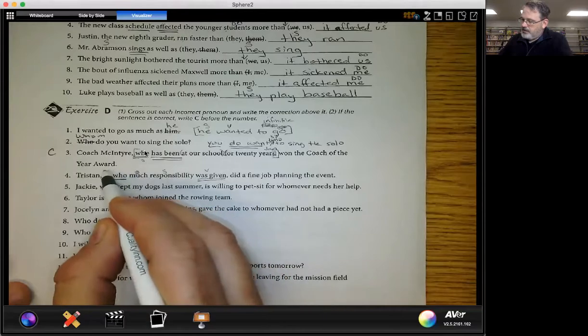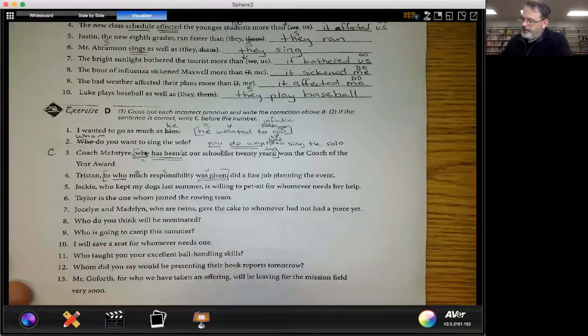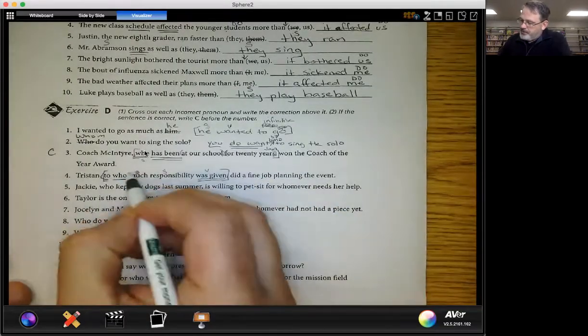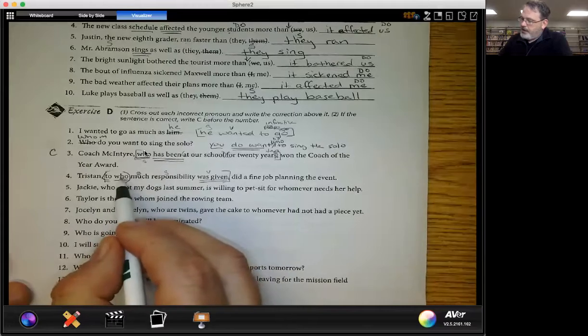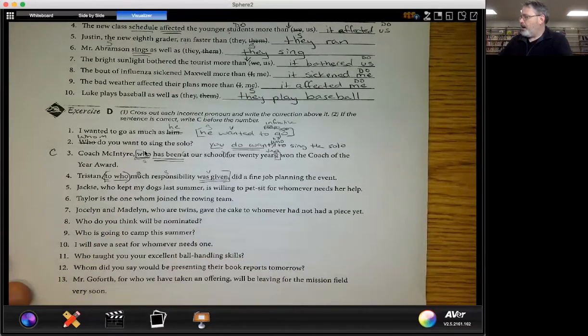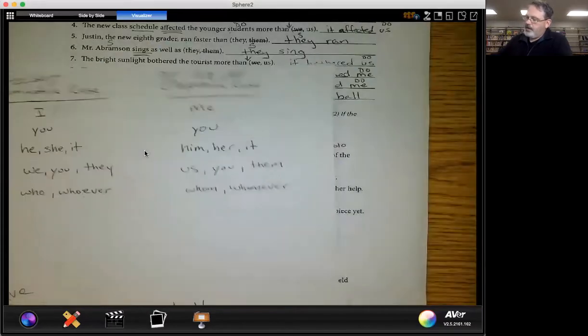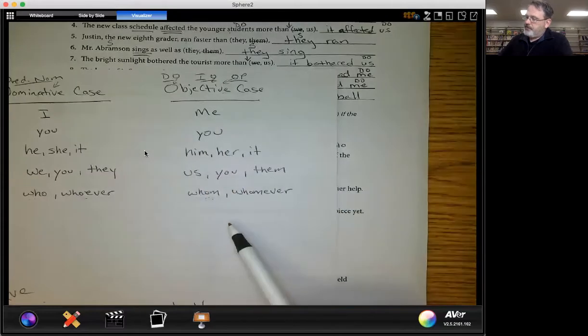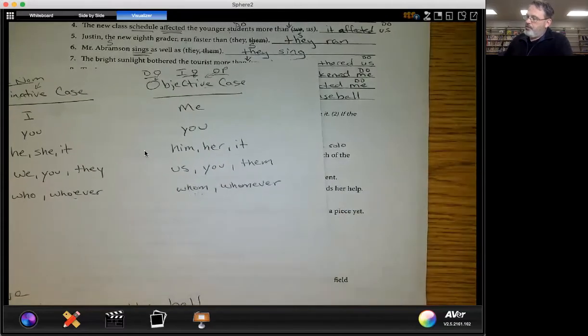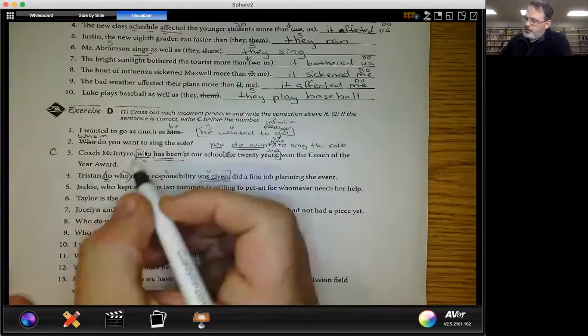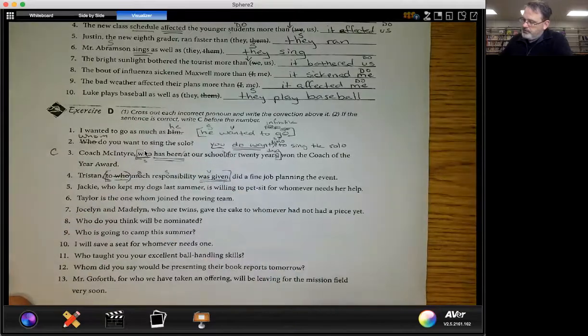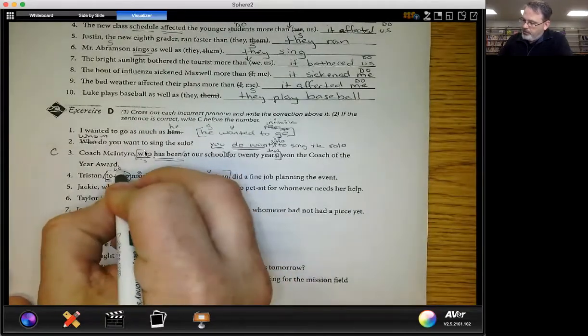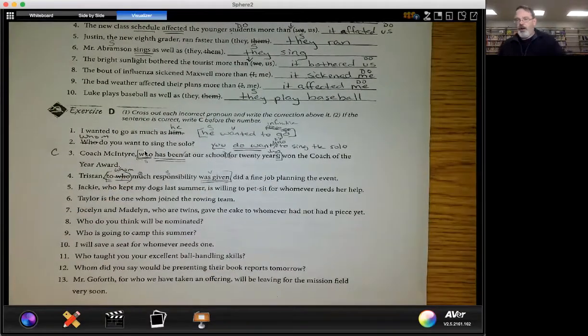Let's see. That's the clause. This is a prepositional phrase. That makes who the object of the preposition. Objects of the preposition are objective case. So we have to use whom, not who. So we've got to cross out who and put whom. Always use whom if it's an object of a preposition.